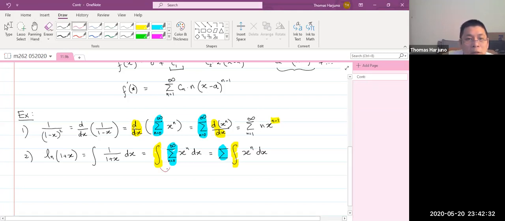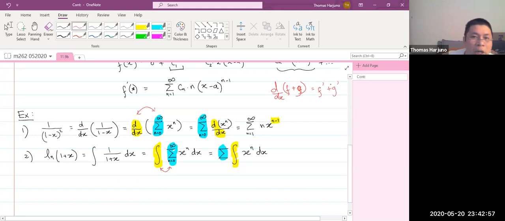Because derivative and integrals are what we call linear operators, which means the derivative of the sum of two functions equals the sum of the derivatives.